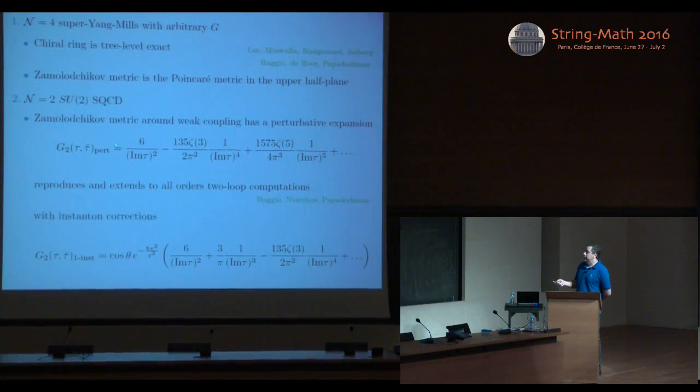In this case, the metric starts with the metric on the upper half plane, but receives an infinite series of perturbative corrections that in particular, after you do all this diagonalization game, reproduces explicit Feynman diagram two-loop computations that were done before, and of course generalizes them to arbitrary order through this Gram-Schmidt procedure and the sphere partition function. Given that we have the explicit formulas, you can also compute, if you like, instanton corrections to the holomorphic metric for this theory.